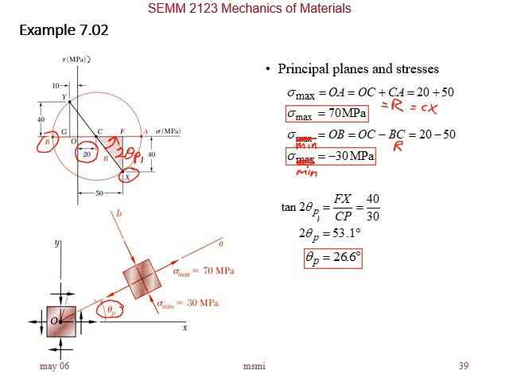Now, that is the plane where you have the maximum value, because that is sigma max. And the other plane will give you the minimum value, sigma minimum. That is how we use Mohr circle.